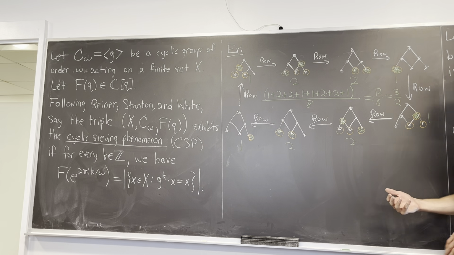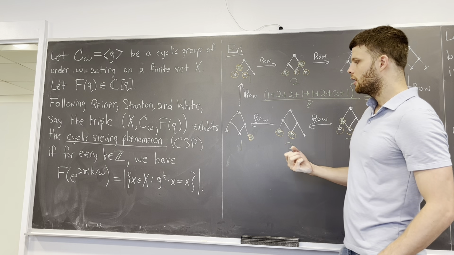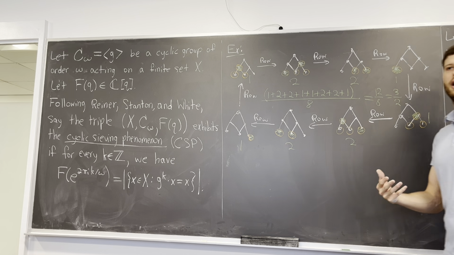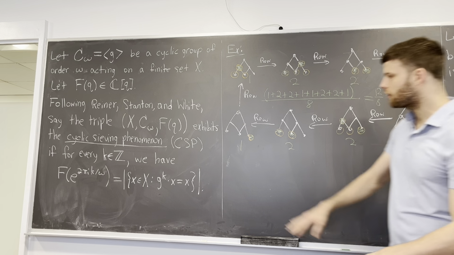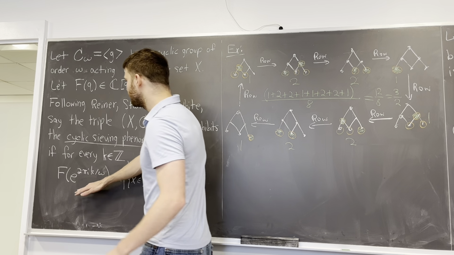In other words, it's telling you how many elements are in orbits of size dividing k. And if you know the number of elements that belong to orbits of size dividing k for every k, you can do some kind of Mobius inversion to figure out the orbit sizes. But in some sense, this is encoding the entire orbit structure with just this polynomial.